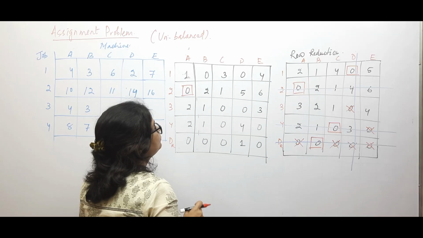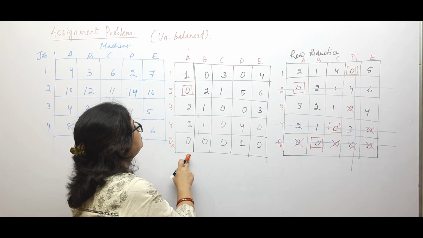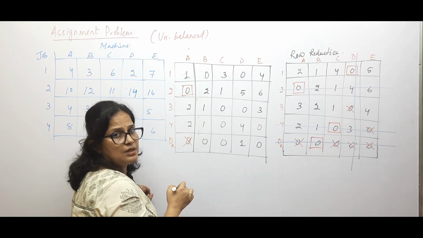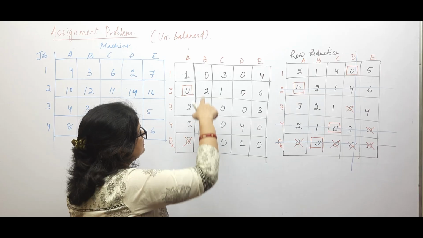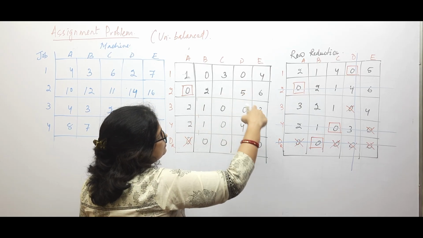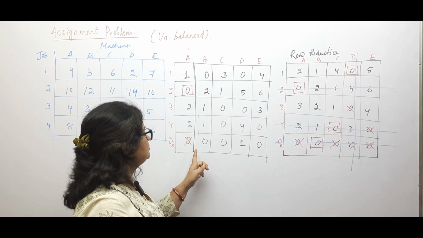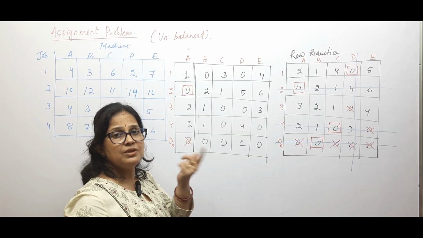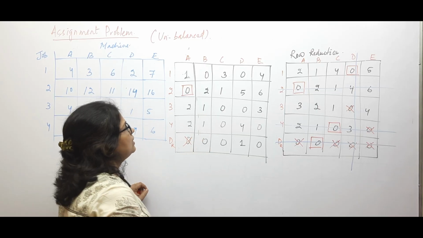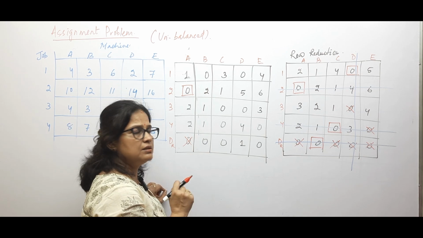Here 4. So again we have to go column wise. Column wise, if you check, here we have assigned 1, 0. So no need to assign. This is crossed. Here 2. This is 3. This column is having 2, 0. This column is having 2, 0. So every column and every row is having more than one 0. So we can go for assigning according to get the suitable result.